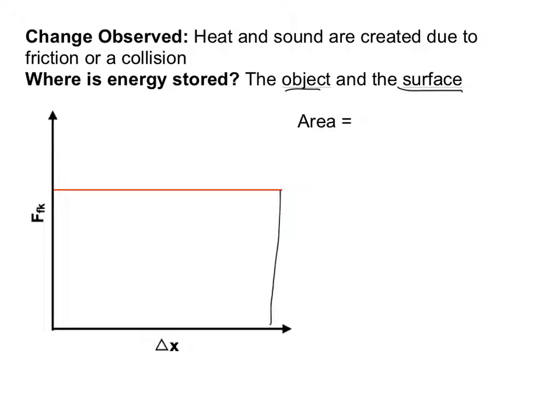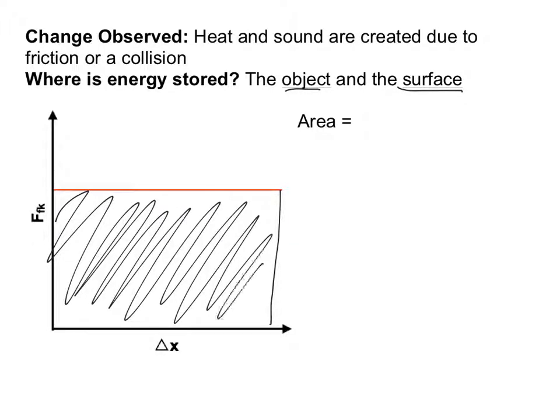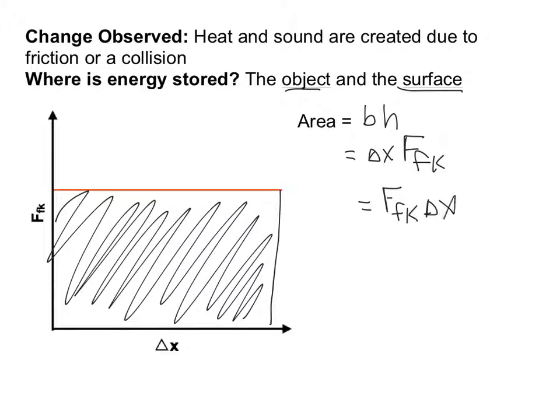So again, we have a rectangle like usual. Area again is base times height. This time our base is change in x, and this one's a much shorter derivation. All I'm going to do is bring the force of kinetic friction to the front times delta x, and that's it for that one.